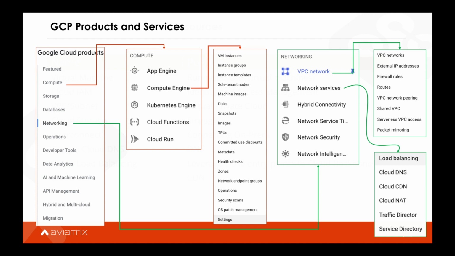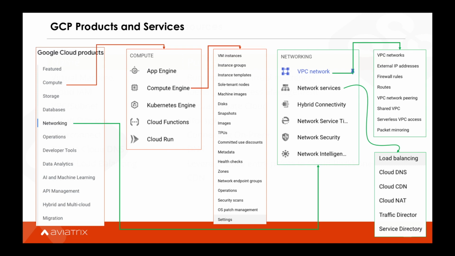So if you double click on the VPC network, this is where you see the VPC itself. So this is where you will create the VPC, the walled garden for your application, and will define a route table, the firewall rules, and if there is a need to connect or peer VPCs together, you are going to do that from within this area.